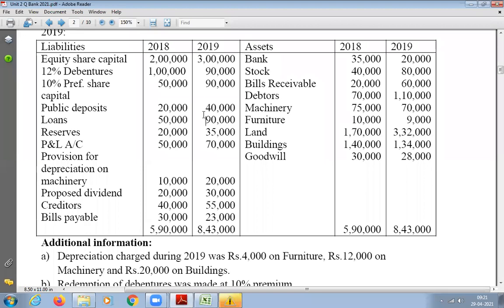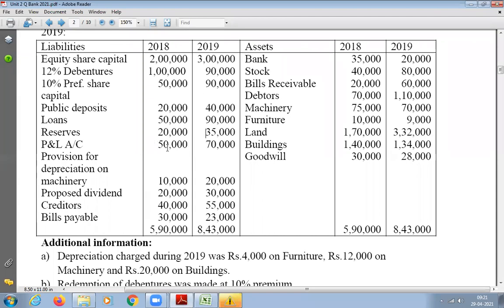Then reserve. Reserve increase or decrease? Increase, 15,000. That means that is an apportionment of profit. So where do you write the apportionment of profits? In the adjusted P&L account. And then the P&L account balance and opening balance are given.